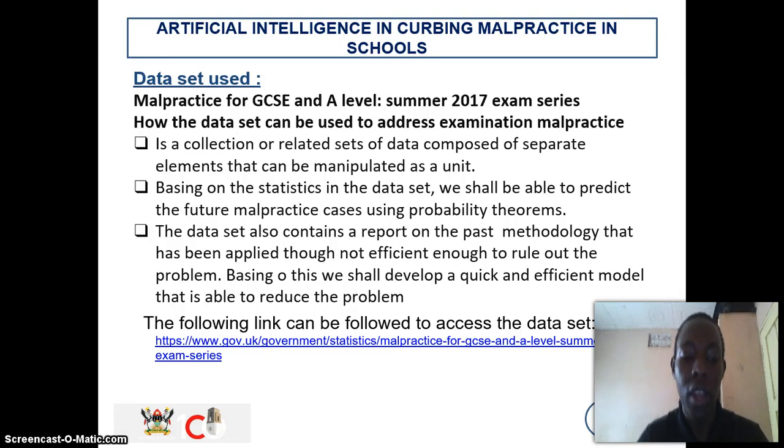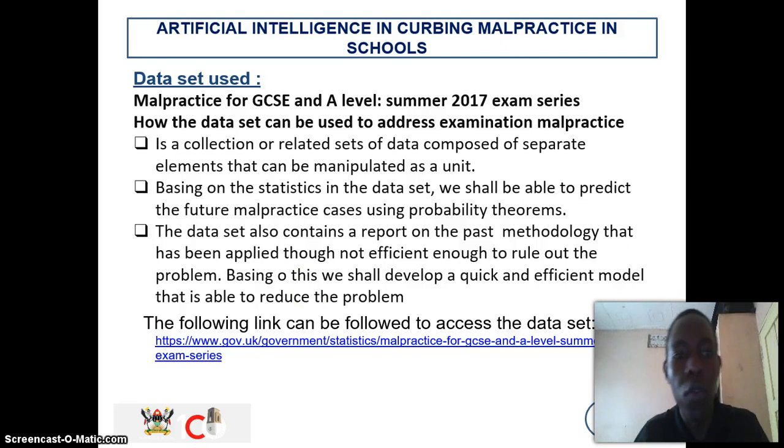Using data sets, we can train our models through supervised and unsupervised learning techniques on how we can base on this data that has already been collected by a certain institution to predict the future and construct a well and properly working model.